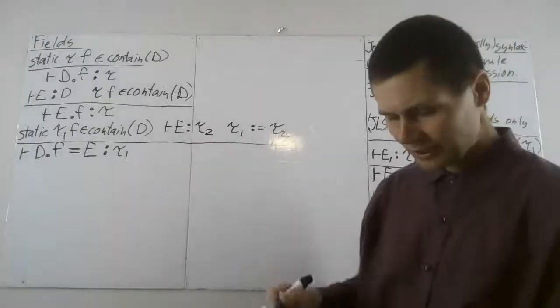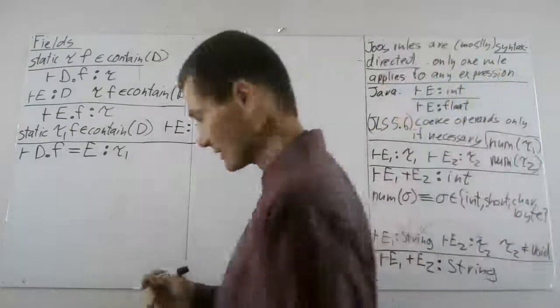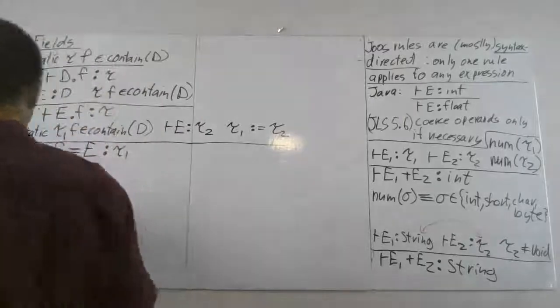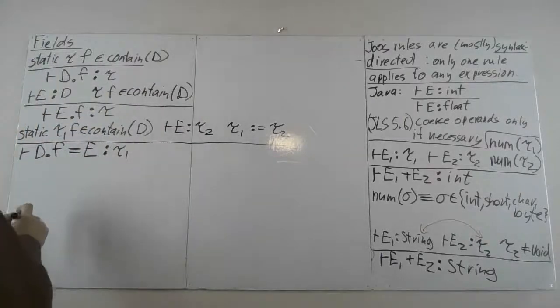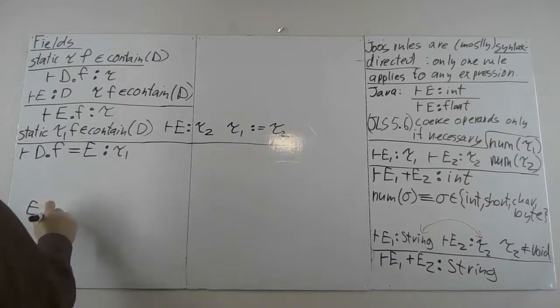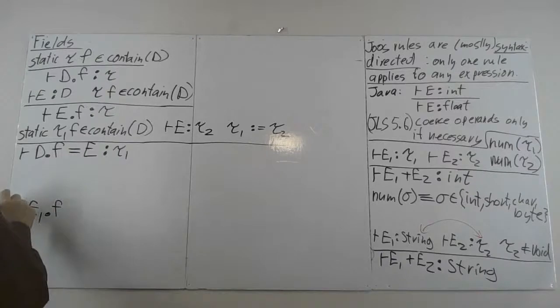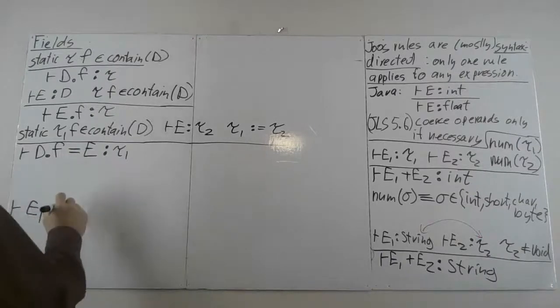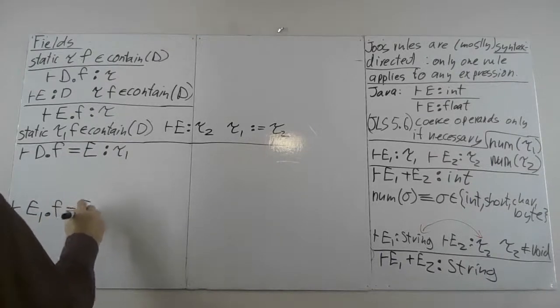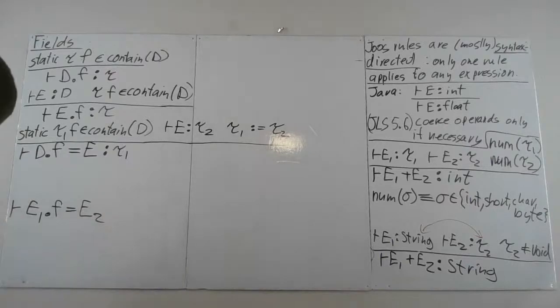Okay, and then we'll do the instance field case of this. Stop me if there's questions. All right, so this time I'll leave more space. So in the instance field, we're writing to a field of an expression. That expression is going to evaluate to an object.